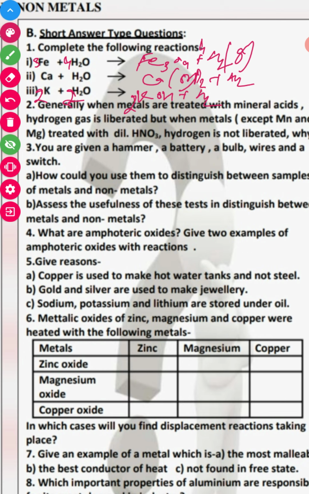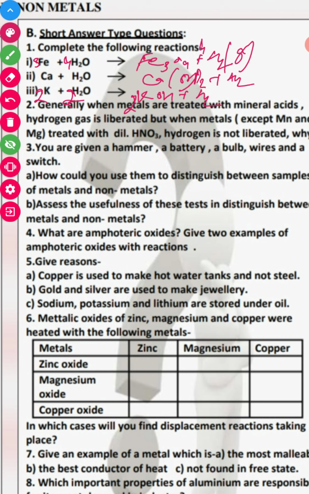Students, this question is from your worksheet. Nitric acid is a strong oxidizing agent. As soon as hydrogen is formed in the reaction between nitric acid and metal, the nitric acid oxidizes this hydrogen into water and itself gets reduced to NO2 or NO, which means compounds of nitrogen.